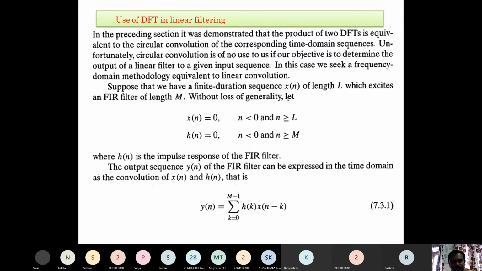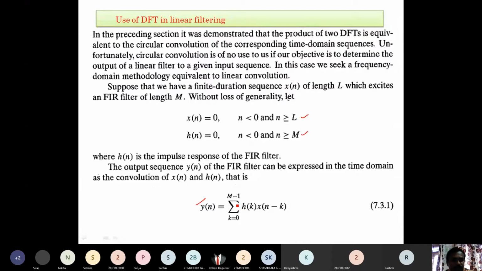If two signals are there, one is x of n, where n ranges from 0 to L minus 1, meaning the length of the signal is L, and another signal is h of n, whose length is m. So it is L size and m size. What will be the result, that is y of n?